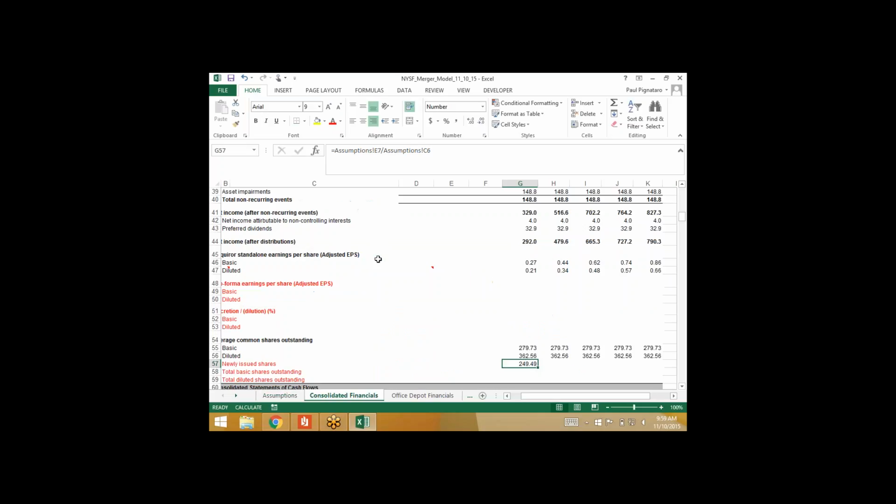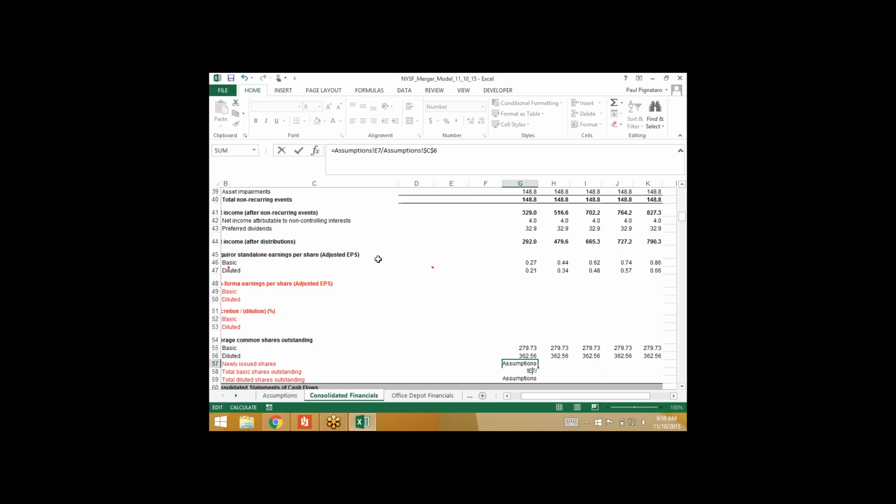That's the easiest way to always get us to back into the number of shares raised. We're the acquirer, we want to raise $940.9 million to buy the company. How are we going to do that? We're going to raise it at our stock price, of course. That gets us to 249.49 million shares.